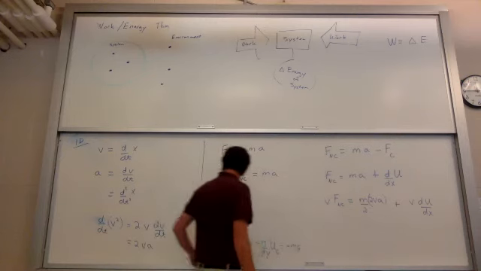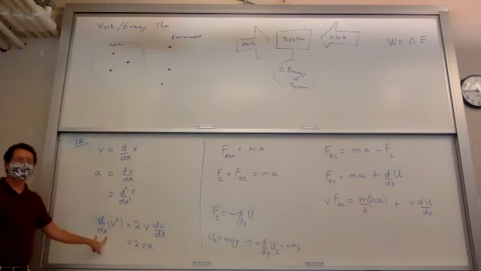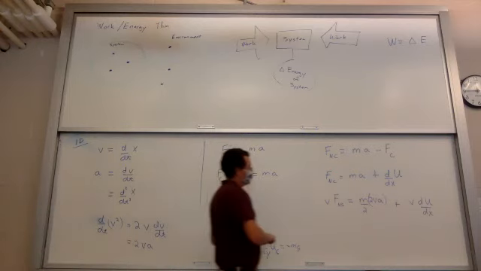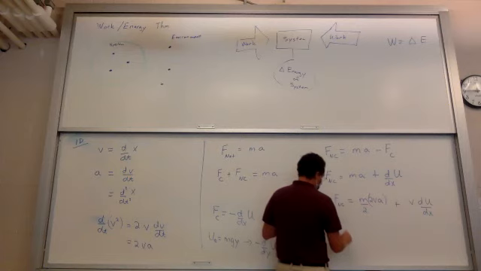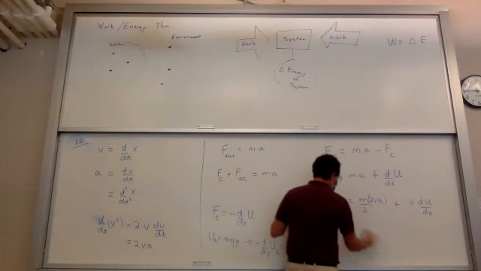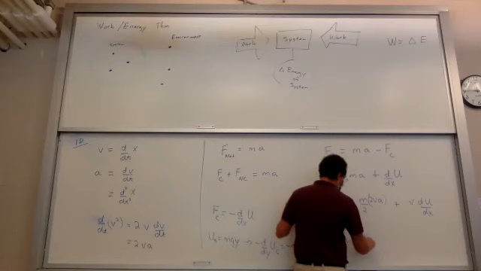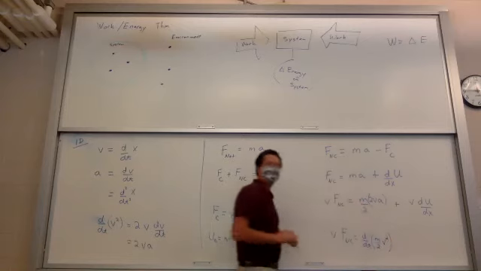Let's make our substitution. 2va is a time derivative of v squared. So I can say that v times the non-conservative force is the time derivative of m over 2 v squared.